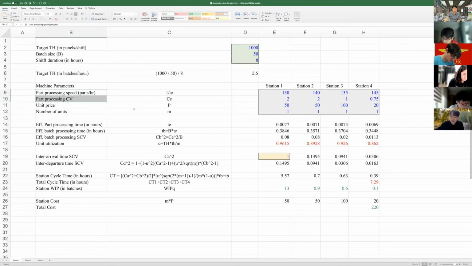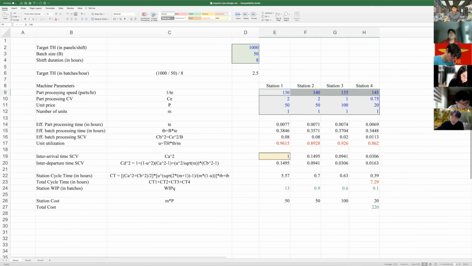And now let's see here the machine parameters. Here is the processing speed per part.